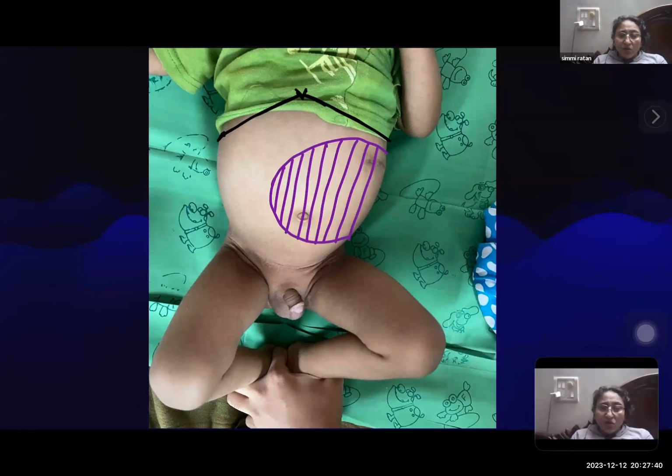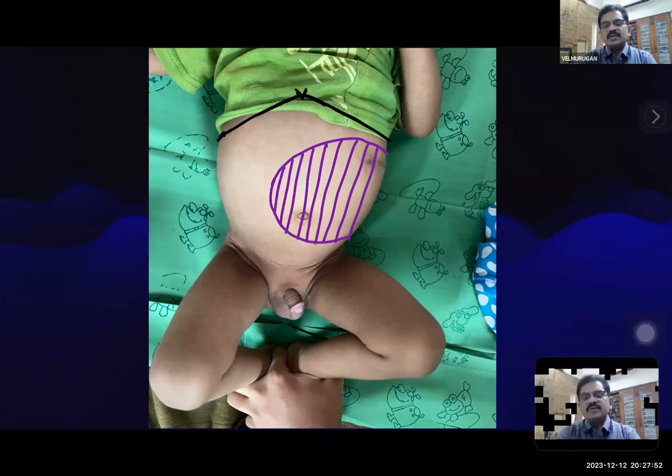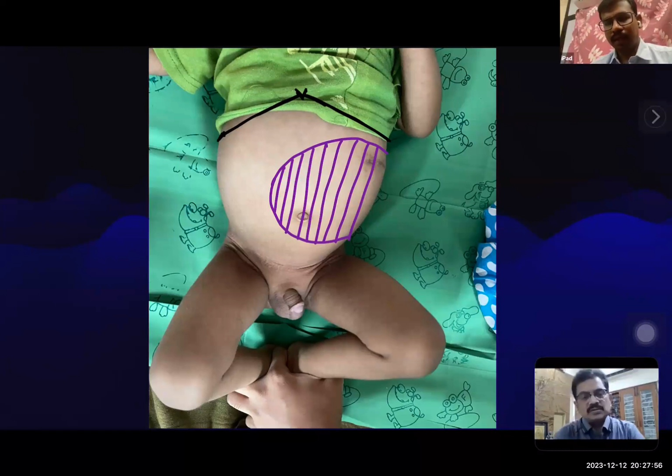Is it over now? Are your local examination findings over? Can you come to some conclusion after that? Summarize your findings and give us your diagnosis. Yes, ma'am. Sir, this is a 1-year-old child presented with abdominal distension for 15 days duration. Otherwise, the child is asymptomatic.